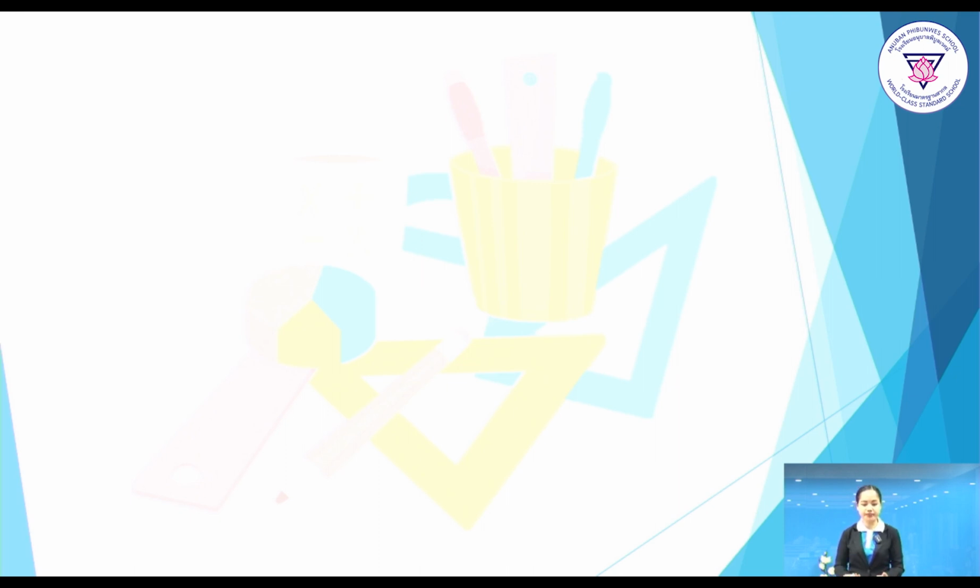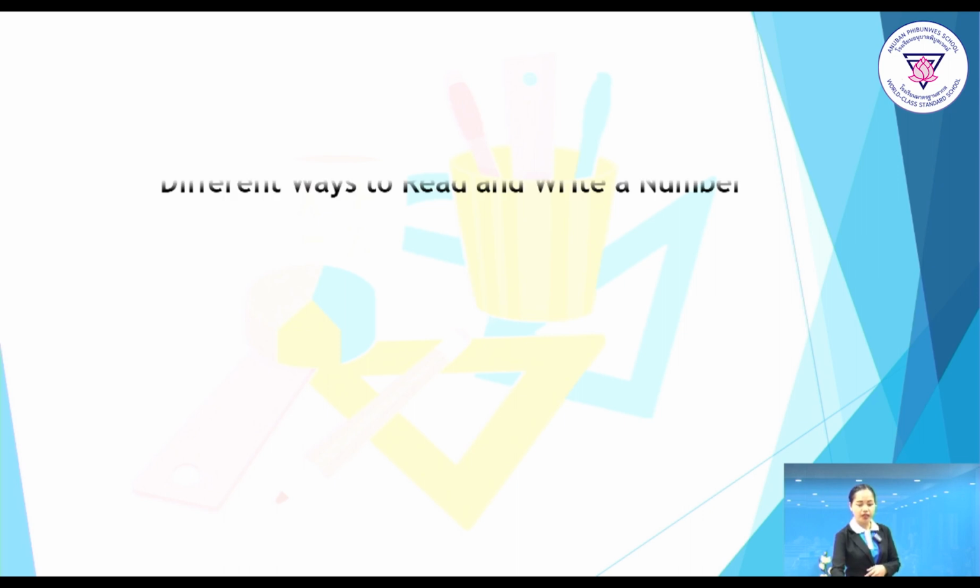As you can see, there are different ways to read and write a number. I will show you how. We will start with number 1. From 1 to 5 steps, we should use one number only so that you can understand the different ways on how to read and write a number. So we will use the digits 1, 2, 4, and 3.